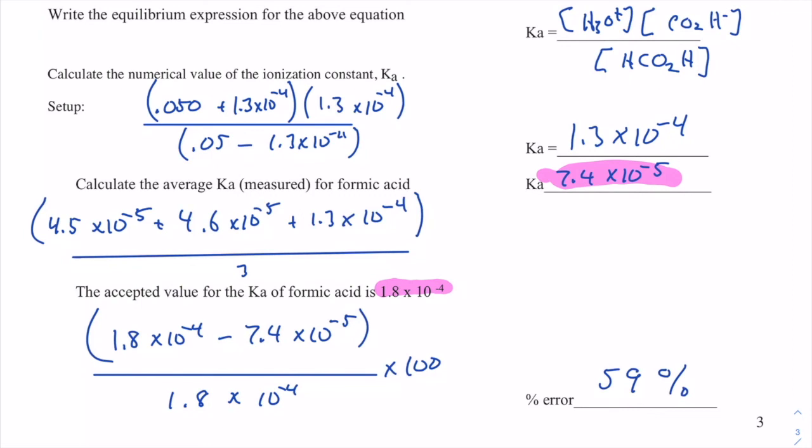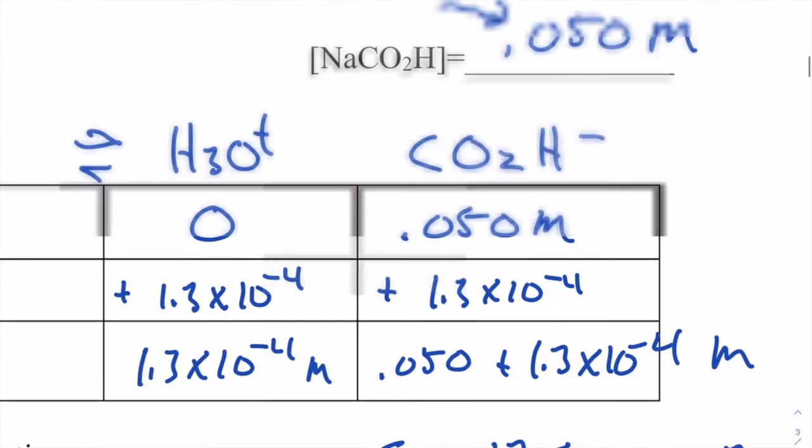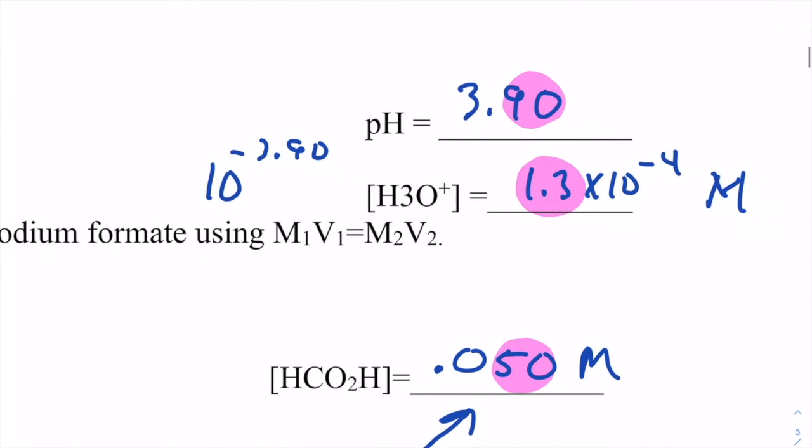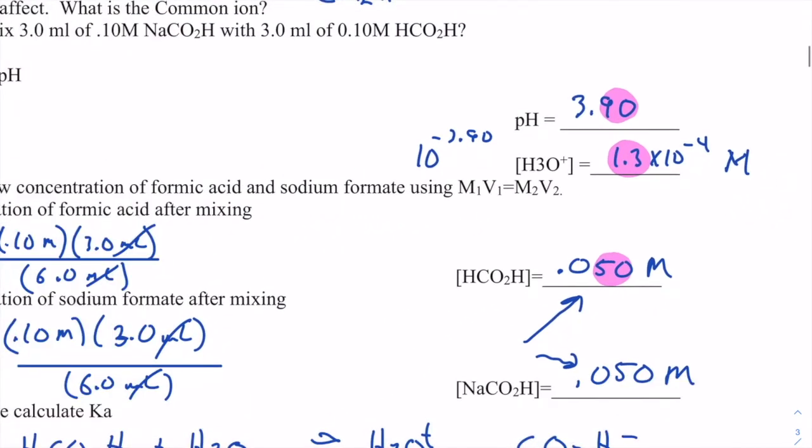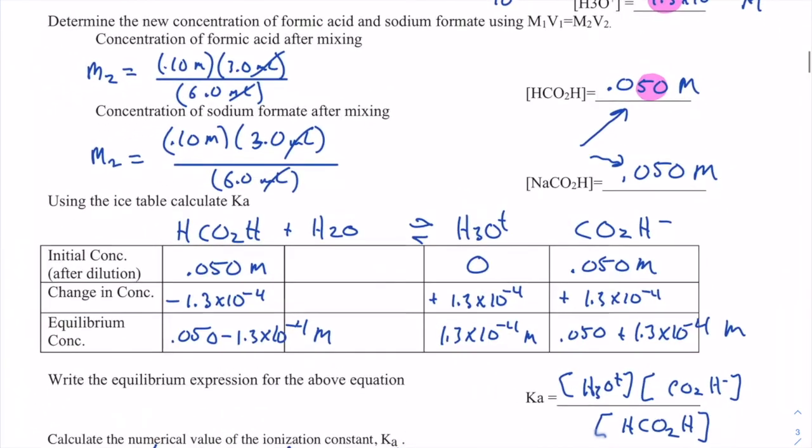You think about those pH pens measuring something that is 1.3 times 10 to the minus fourth molar. So you're measuring these tiny, tiny hydrogen ions, and there's very, very few of them. It's quite remarkable that we even get this close. Those are quite remarkable little devices when you think about it.